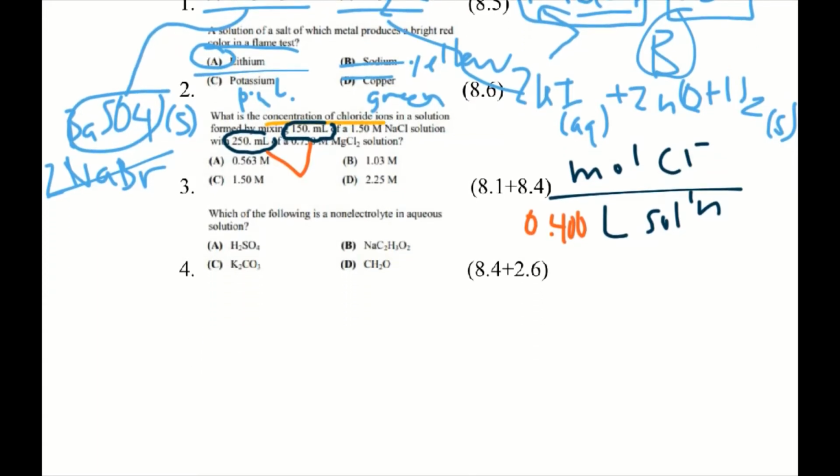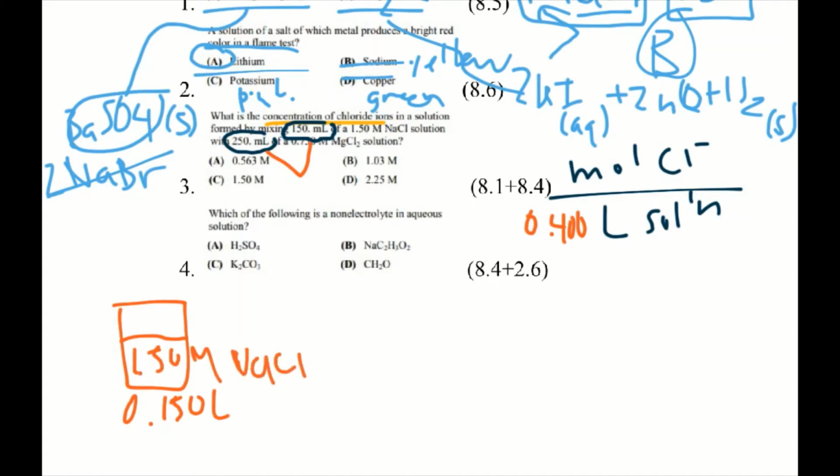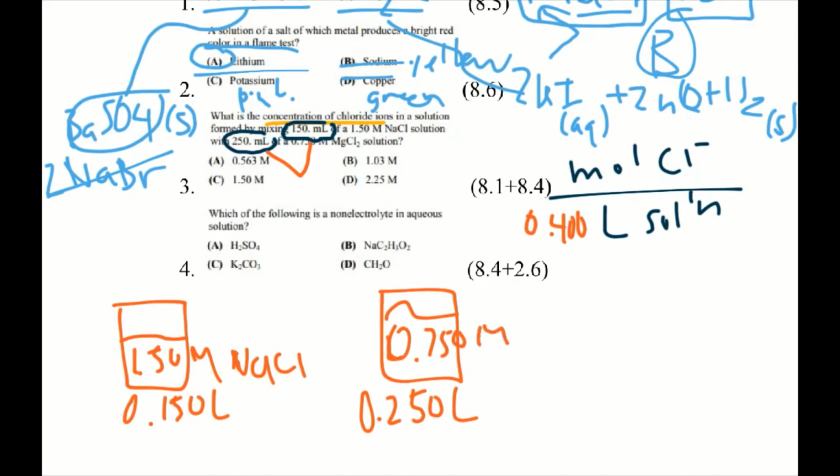So let's now figure out how this works by perhaps drawing a picture. So we have this solution that's 0.150 liters, and it's 1.50 molar of sodium chloride. Now the other solution has 250 mL or 0.250 liters of a 0.750 molar of MgCl2.